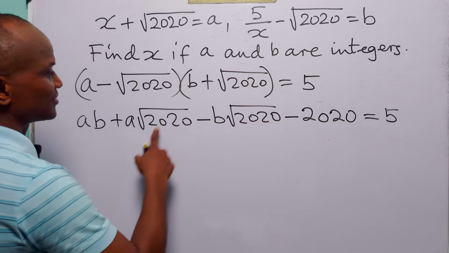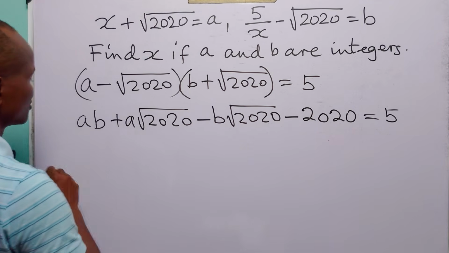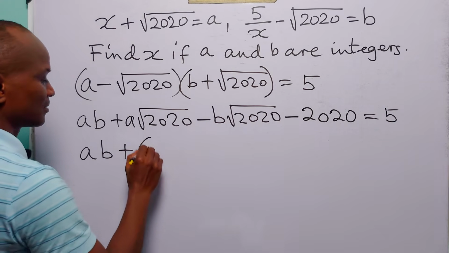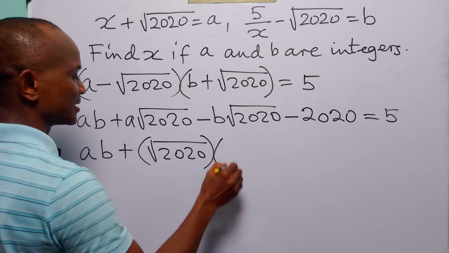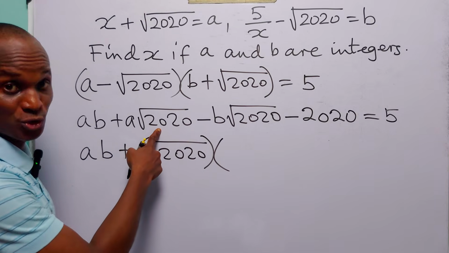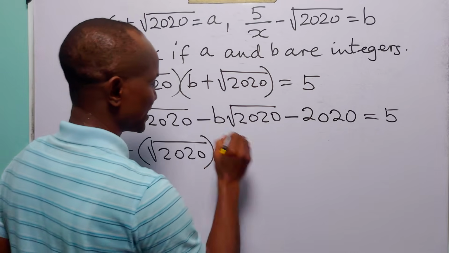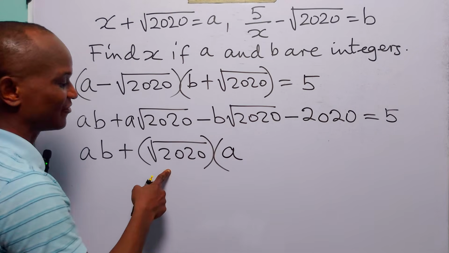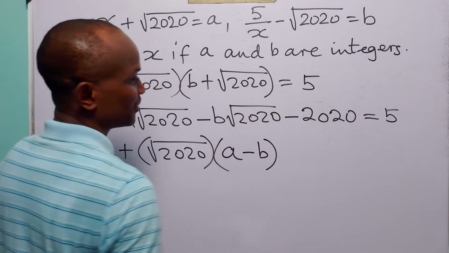Now, when you look at these two terms, you'll see a common factor, which is root 2020. So here we have ab plus root 2020 into a root 2020 divided by root 2020 is equal to a, and minus b root 2020 divided by root 2020 is equal to minus b.